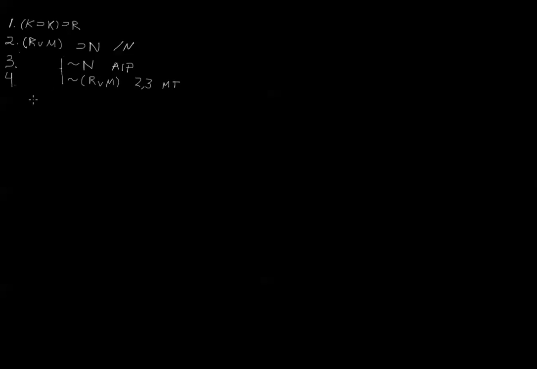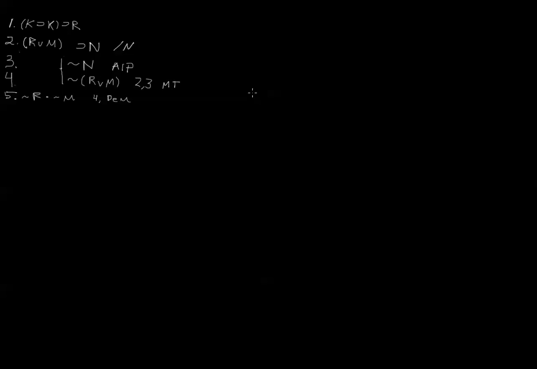Now, before we continue on, I just want to say one thing that we cannot do. We cannot come back down here and establish, for example, not R and not M from 4 De Morgan's.